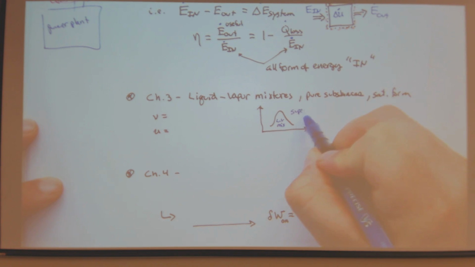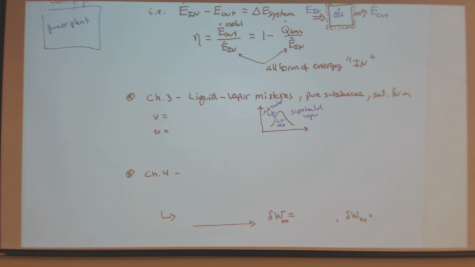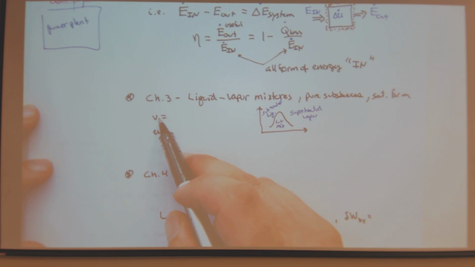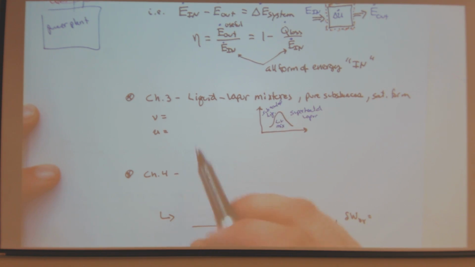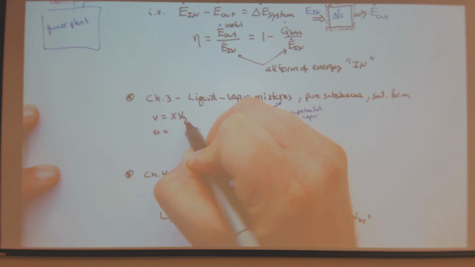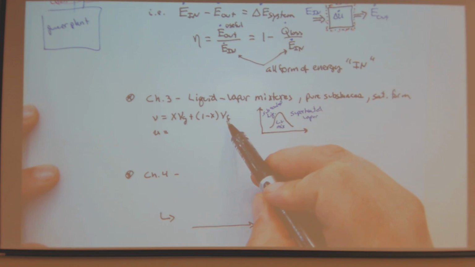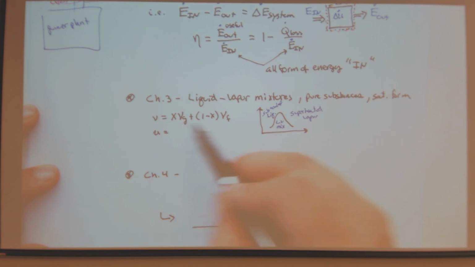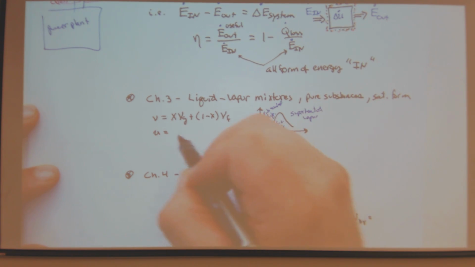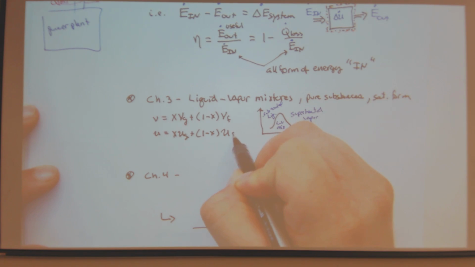And here I have my superheated vapor, and I have my subcooled liquid. And we can write expressions for the specific volume of a liquid vapor mixture in terms of its quality factor, and that's just x Vg plus (1 minus x) Vf, where these are the specific volumes of the pure fluid. And then I can do the same type of thing for the internal energy. So I have x Ug plus (1 minus x) Uf.